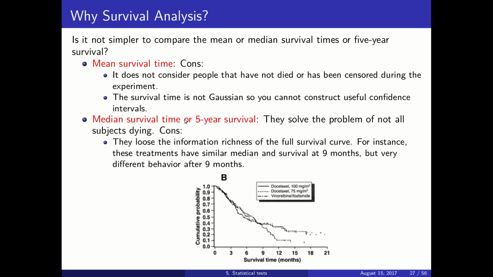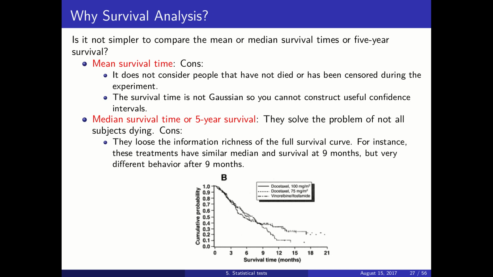The median survival time, or the 5-year survival, so this is a time, this is a probability, solve the problem of not all the subjects dying, but they also have some cons, and in particular they lose all the information that is contained in the curve. They are just concentrating on one point of that curve.